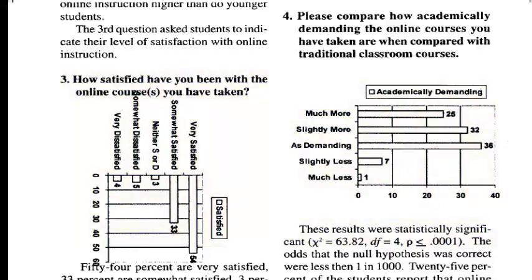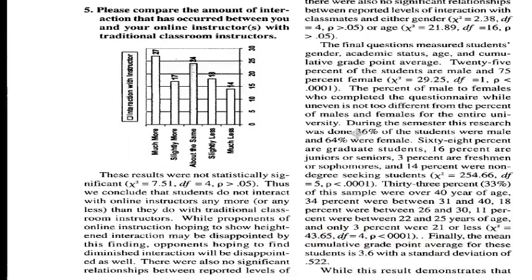Now notice that they don't show you the statistical output sheet. That they would see themselves, but when they actually write the study, they just go ahead and write the results. So I'm now on page 465, and you can see under question 5, these results were not statistically significant, and they report their findings. So we see that it was greater than 0.05.